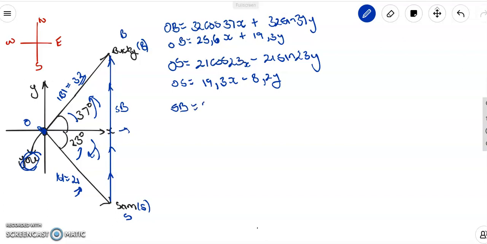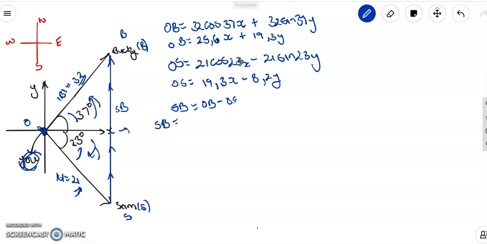SB is equal to OB minus OS. You say the second vector B minus the second vector O. Yes, we have OB and OS. So I'm simply going to carry out the subtraction.